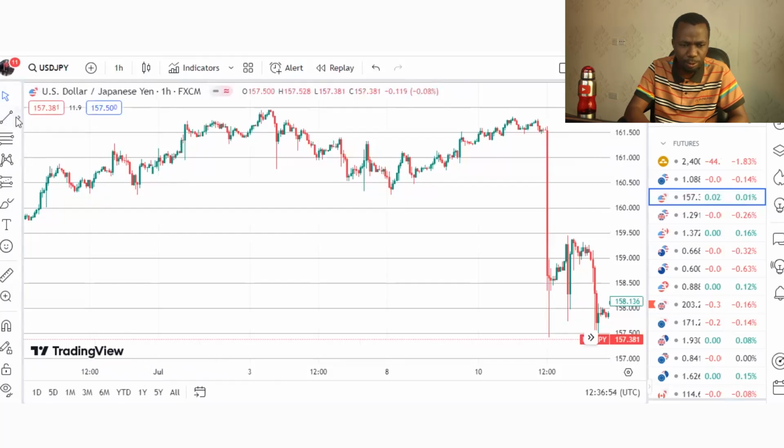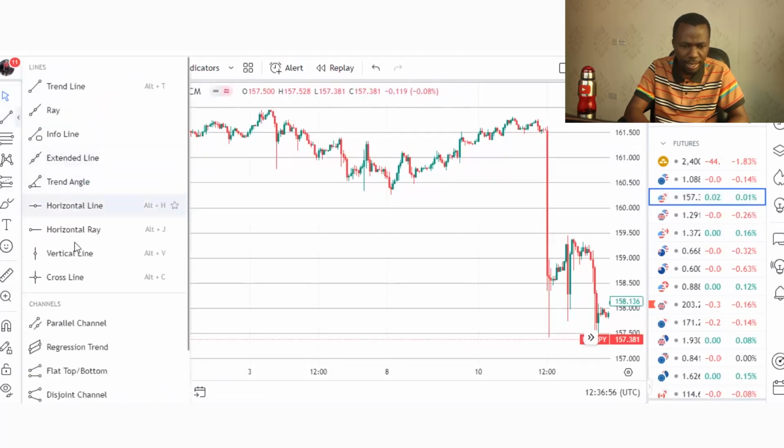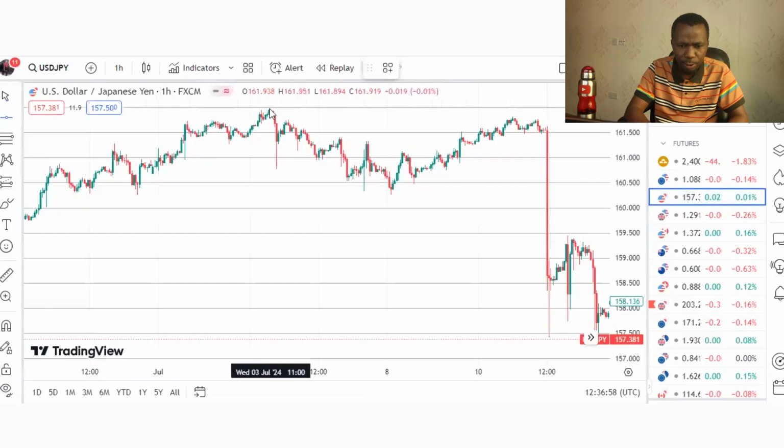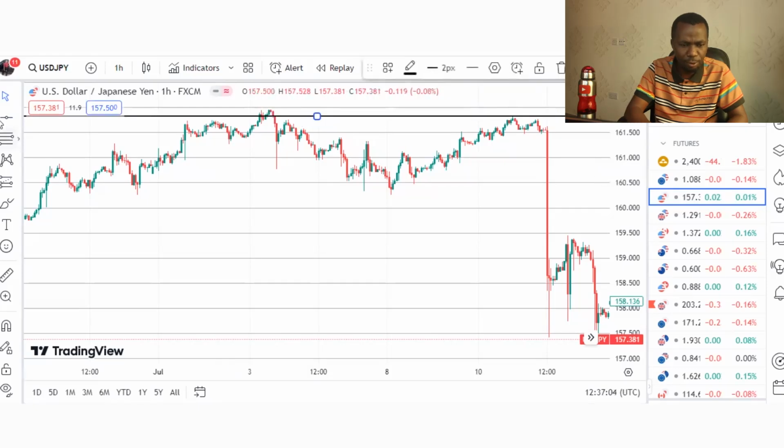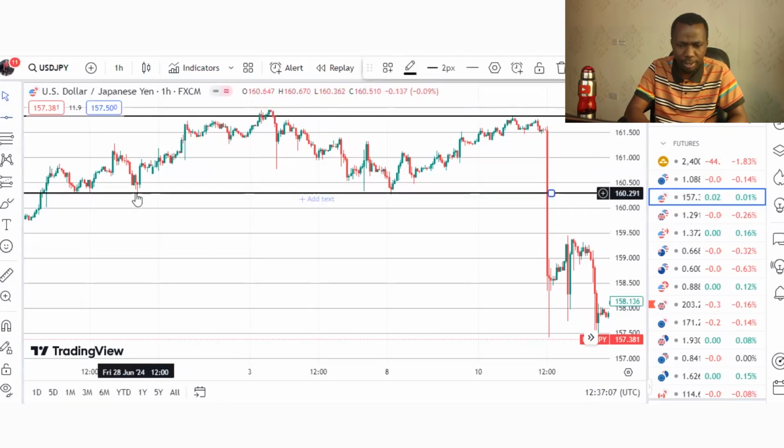You can simply use a horizontal line to connect the swing high, which is the key resistance level, and then use another line to connect the support level. So now you can clearly see that these are the key levels.